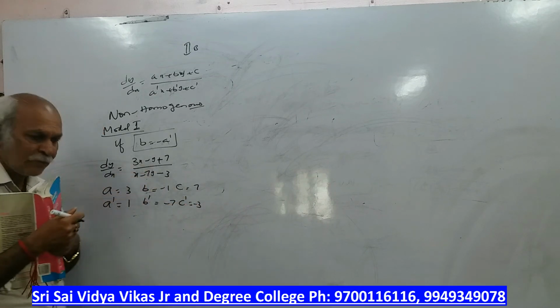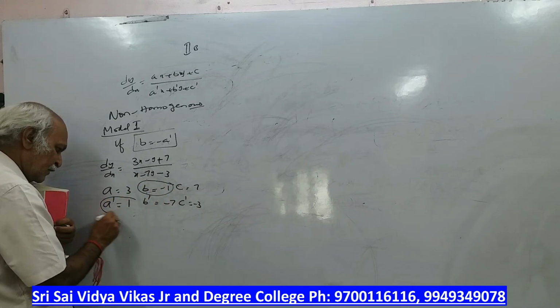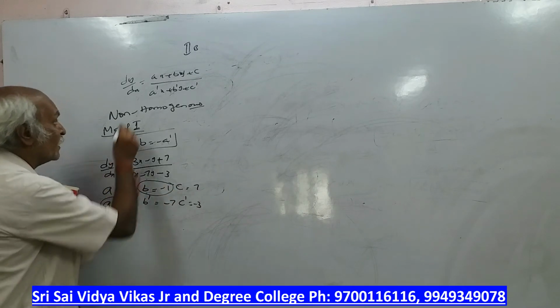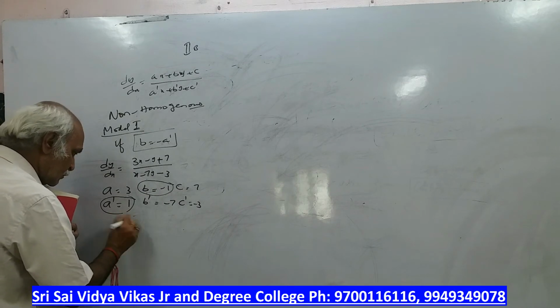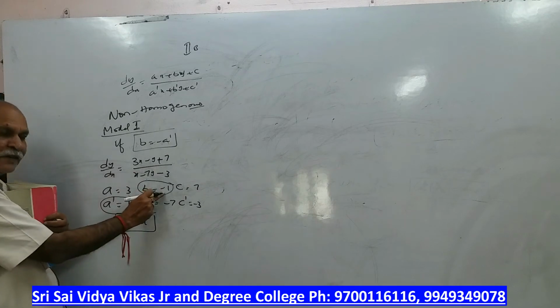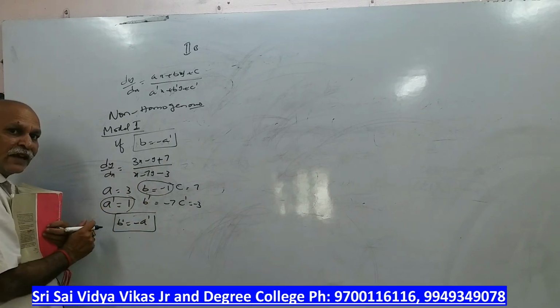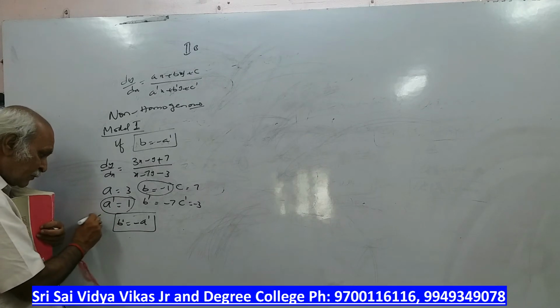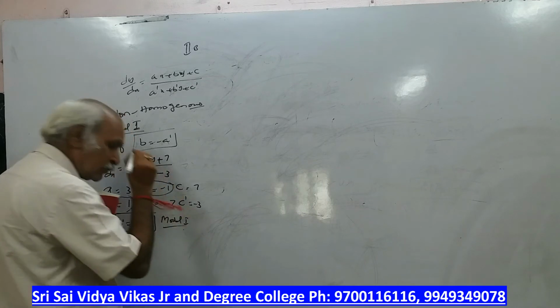Minus 3. Observe here, this is minus 1, this is plus 1. So what is the condition? First one, b is equal to minus a dash. Why? Here b is minus 1, a dash is plus 1. So b is equal to minus a dash. Once you get this, you have to observe this. It is model 1.